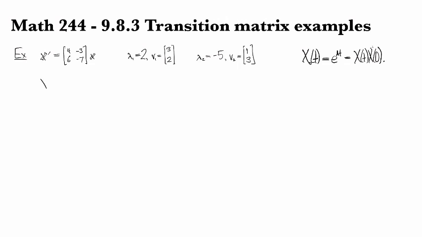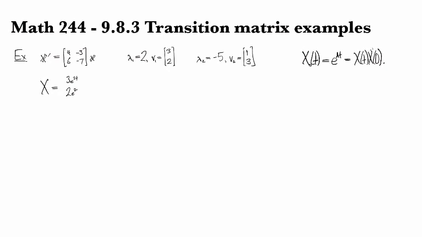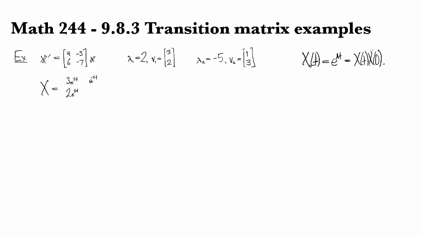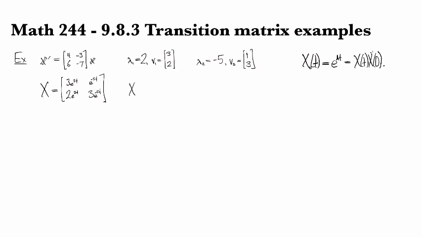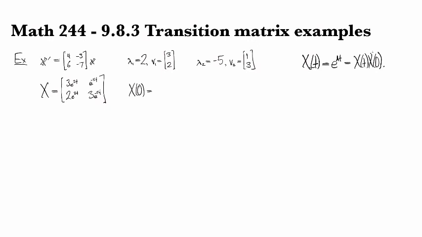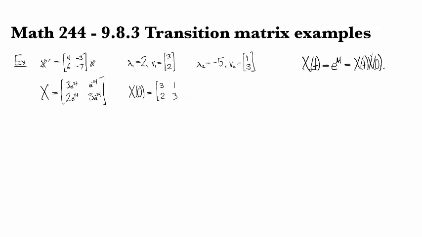So for this matrix, we take the fundamental matrix as 3e to the 2t, 2e to the 2t, e to the minus 5t, 3e to the minus 5t. And so then when we look at X of 0, this is going to be 3, 1, 2, 3.